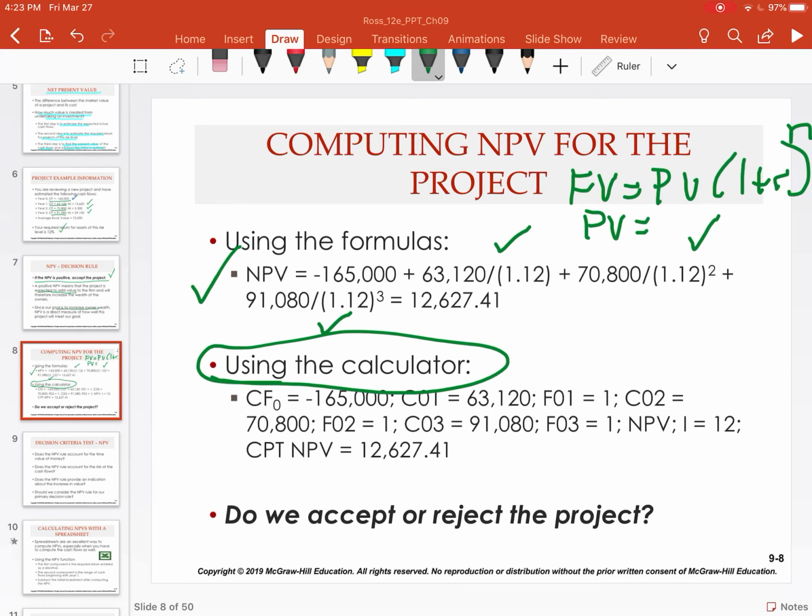If I was going to input each of these, and in the first case, let's just say that we are on number 8. So we can actually look at entering each of these into our calculator and realize that, again, when they compute, they're coming up with 12,627.41.